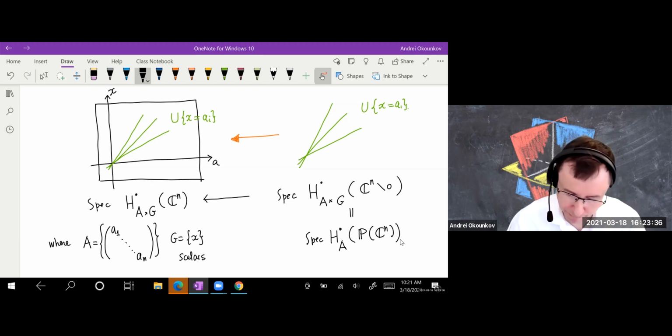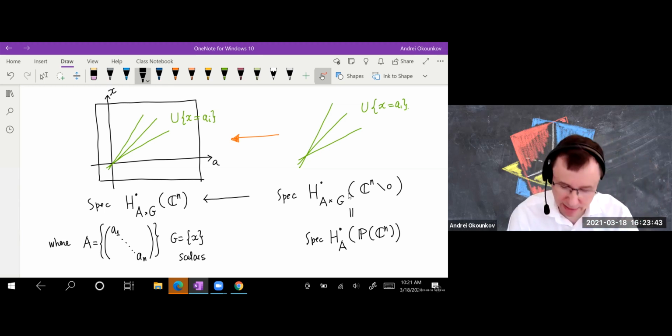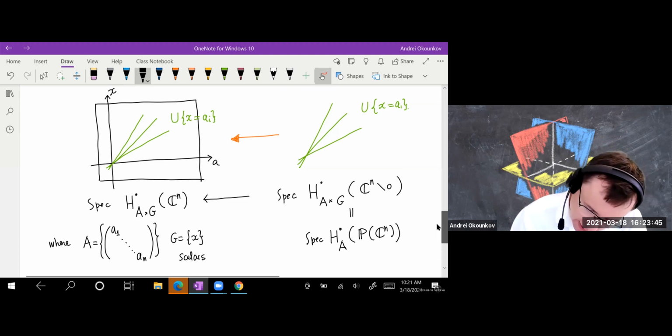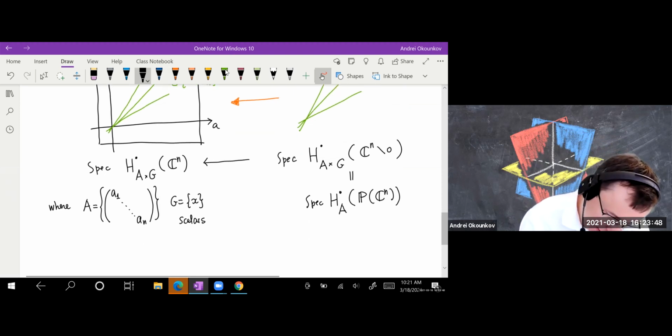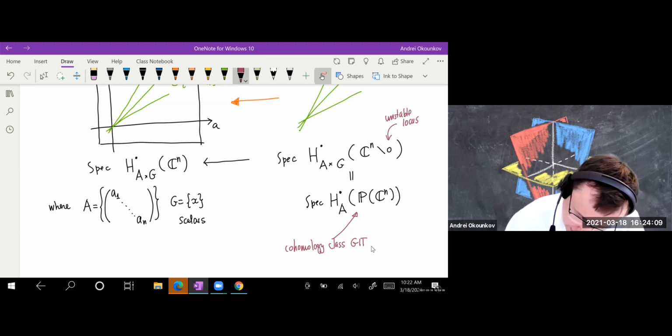Okay. And so the question of extending functions can be phrased as extending cohomology classes. So these are cohomology classes on a GIT quotient. So when we throw out 0, that was the unstable locus of the GIT quotient.